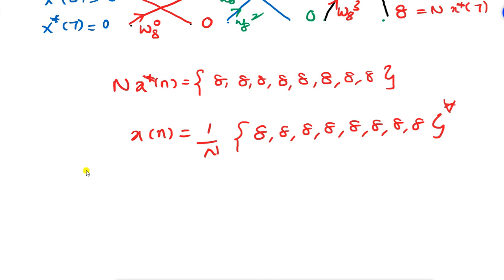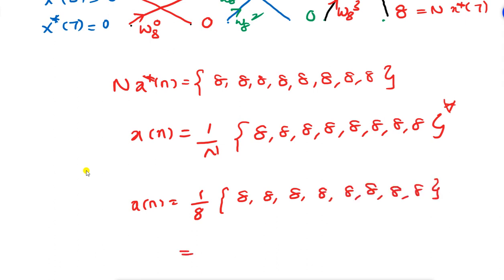So after performing the conjugate, the sequence is 8, 8, 8, 8, and after dividing by 8, the x of n sequence is obtained: 1, 1, 1, 1, 1, 1, 1, 1. So this is our x of n sequence.